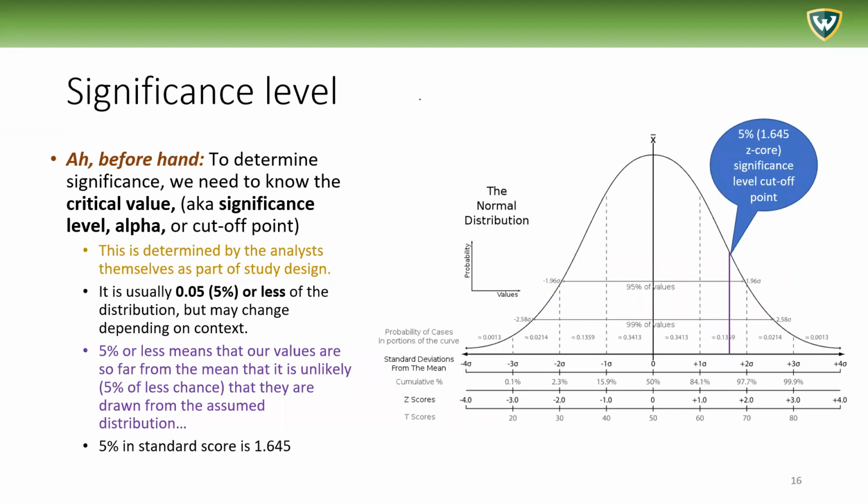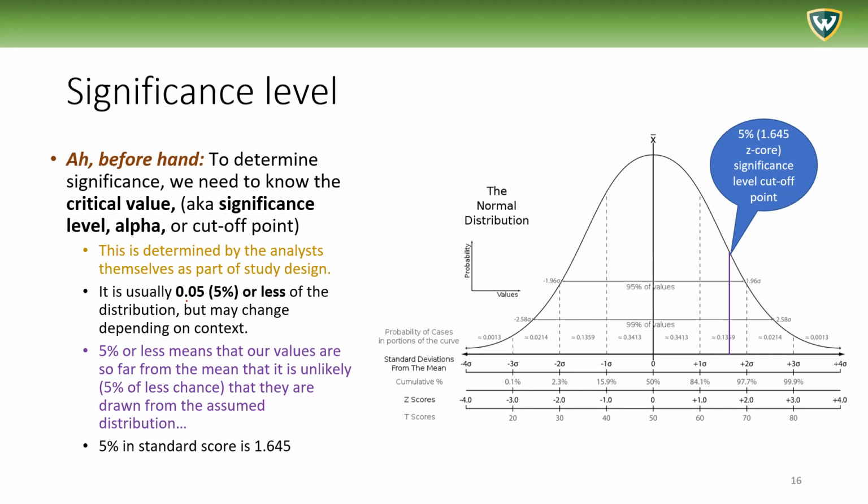But beforehand, to fully complete our hypothesis test, we need to determine the significance or our cutoff point that we are concerned with. And we call this the critical value or significance level or alpha or cutoff point, as I call it. And this is determined by the analysts themselves as part of the study design. So this is something that needs to be discussed. Every domain is different.